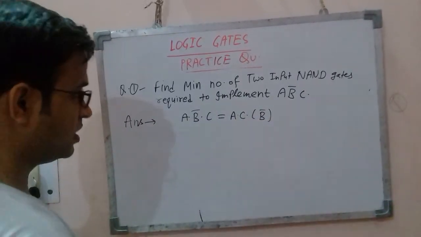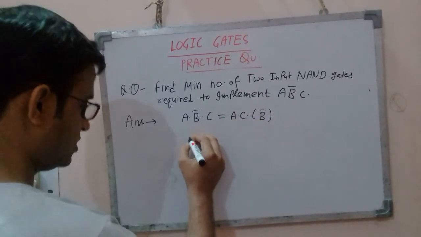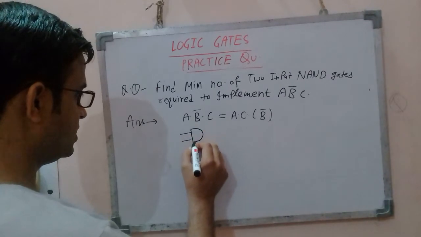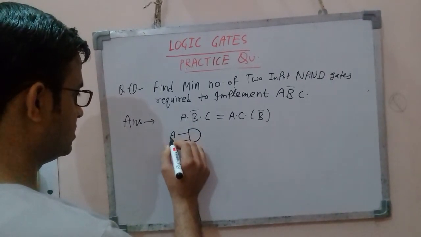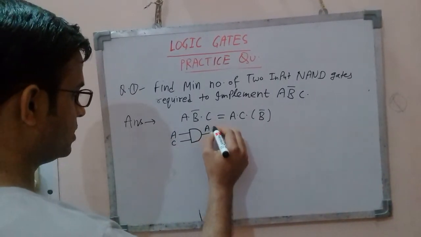Now implement this. To get this product AC, first of all pass A and C into an AND gate. This is A and this is C, right? What is the output of this? Tell me. The output of this is AC.